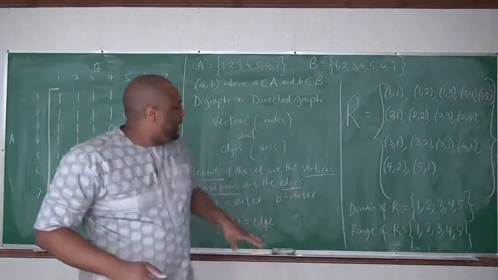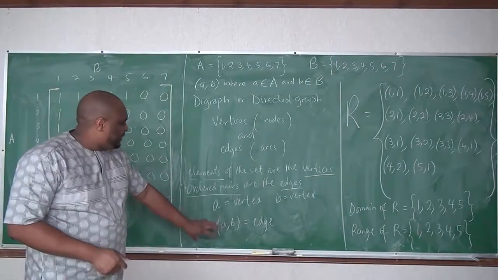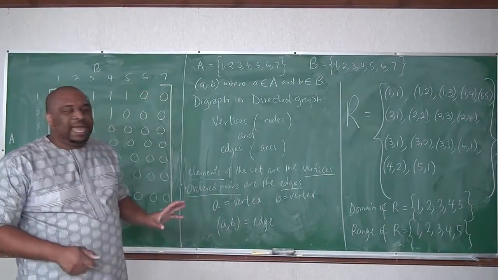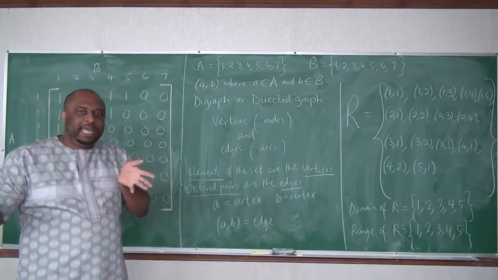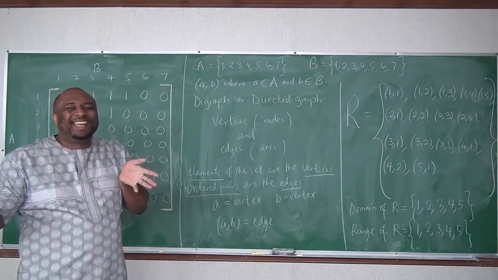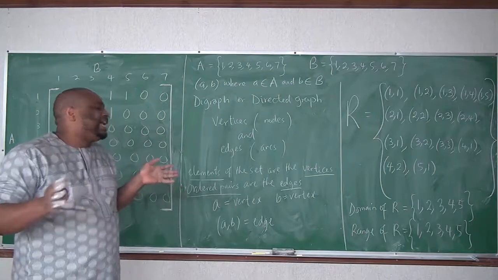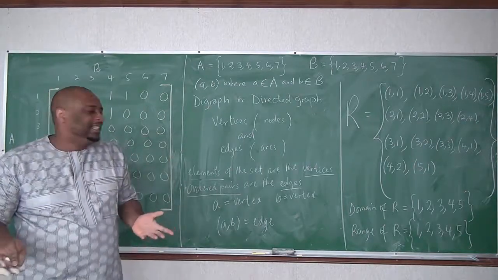Now, if we have something like this, A is actually called the initial vertex of the edge, and B is the terminal vertex of the edge.